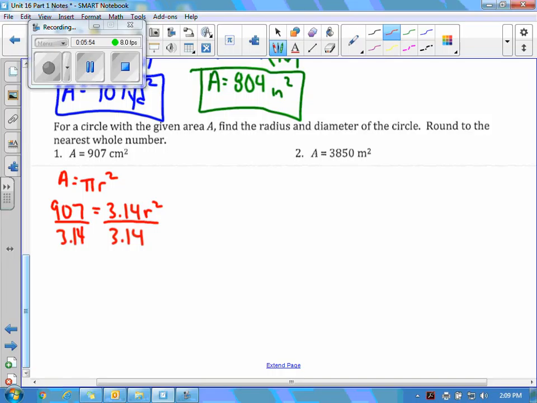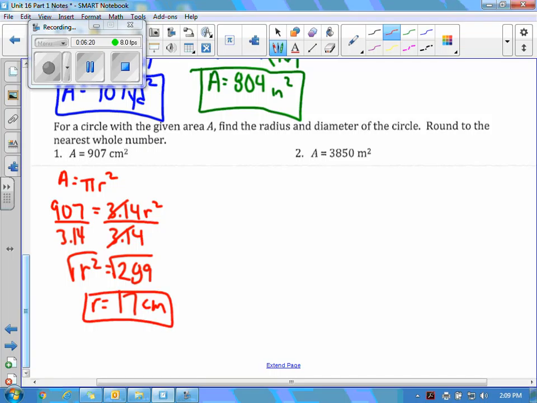When I do that, I'll get r squared equals 289. I rounded it to the nearest foot. To get the radius by itself, I need a square root. When I square root, I wind up with 17, so that's 17 centimeters for the radius.